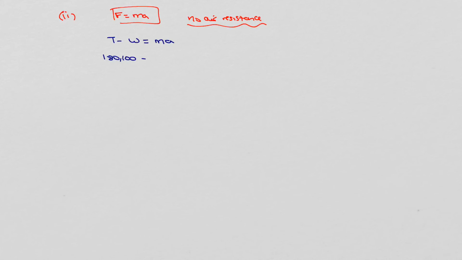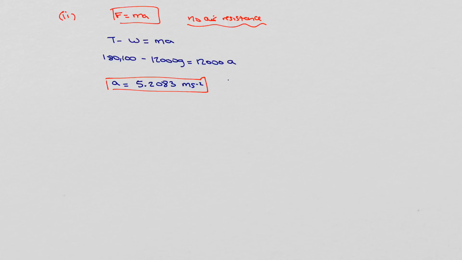So our weight was 12,000 g equals our mass, which is 12,000 a. So I can get a on its own there by dividing everything across by 12,000. And that gives me an acceleration of 5.2083 meters per second squared. So we have a value for a.